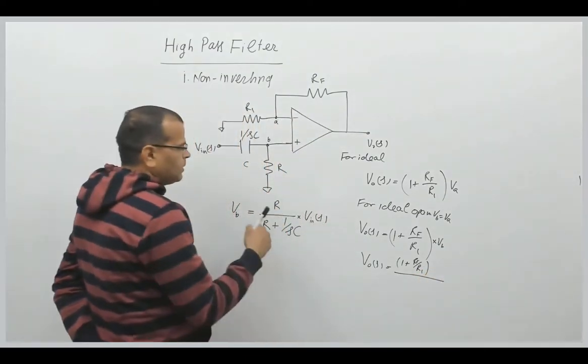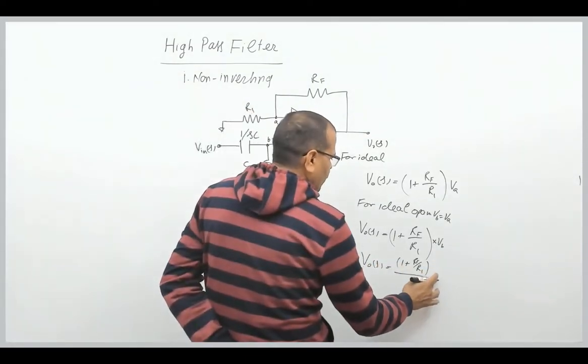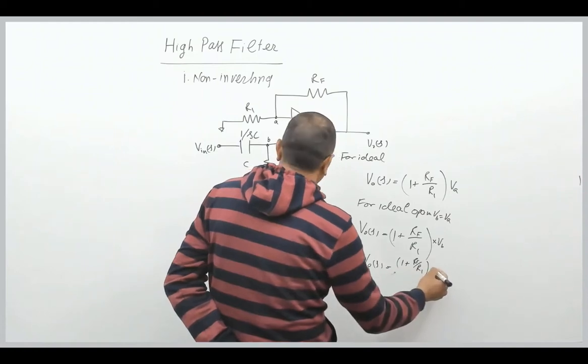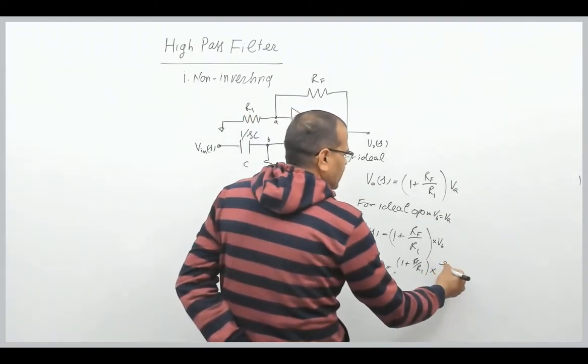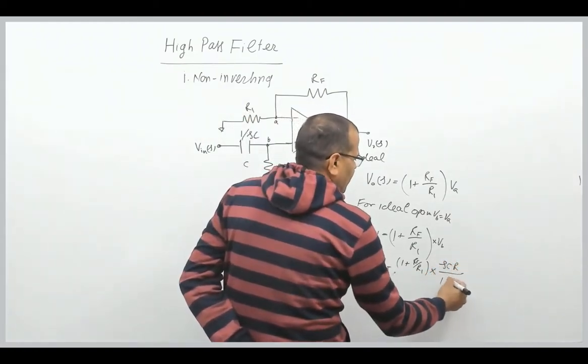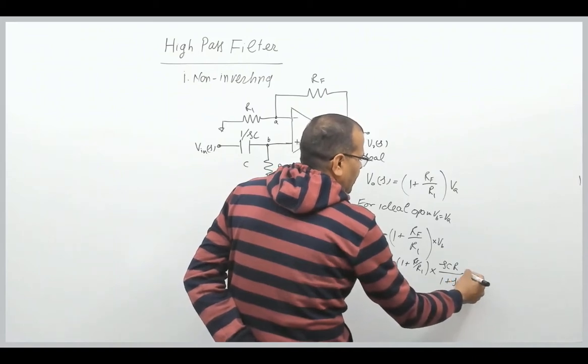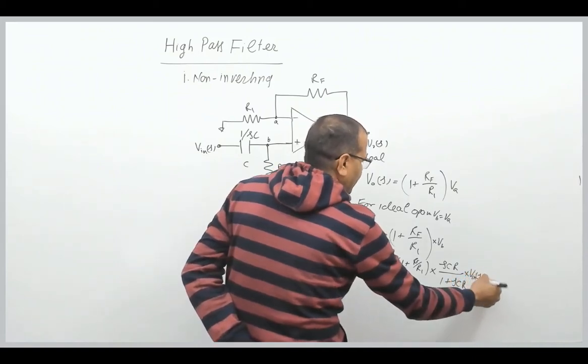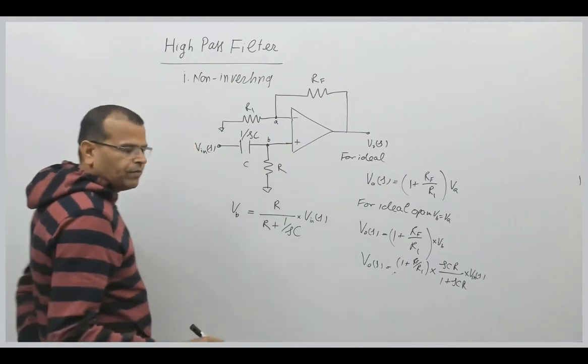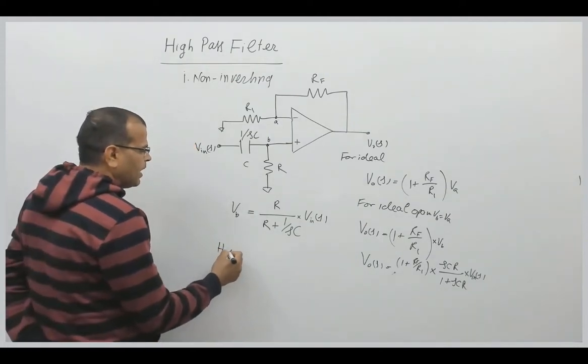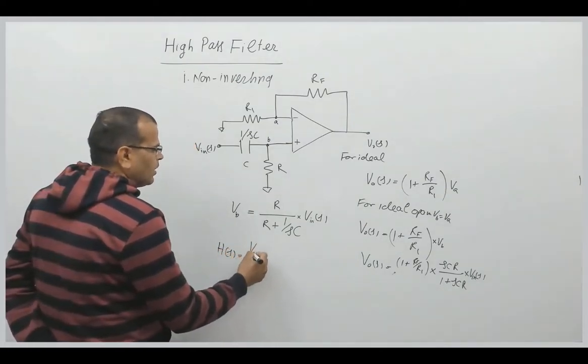You can see this expression here, or I can rewrite it like this, multiplied by SCR divided by 1 plus SCR into input voltage, right?